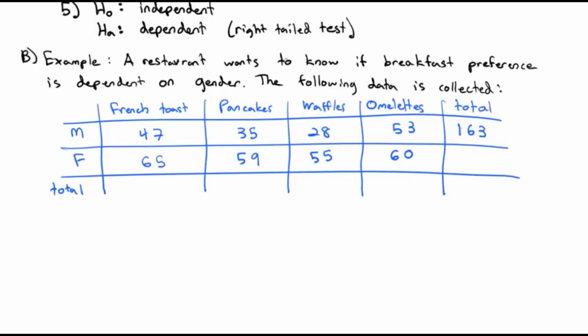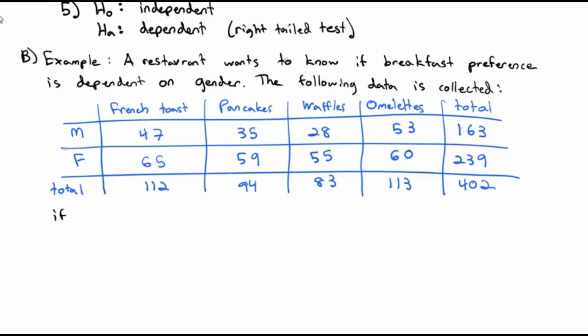We interviewed a total of 239 females. And if we total the individual breakfast choices, we've got 112 who prefer French toast, 94 who prefer pancakes, 83 who prefer waffles, and 113 who prefer omelets. There's a total of 402 individuals in this survey.